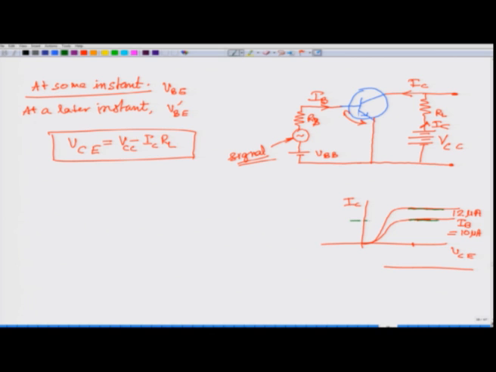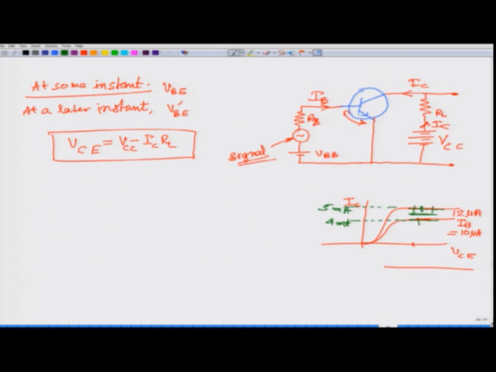If this current here is a few milliamperes, let us say 4 milliamperes, and then this is 5 milliamperes, it does not matter whether you are here or here, your VCE is changed, but the current will remain the same.